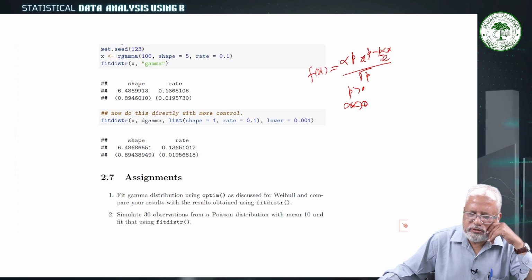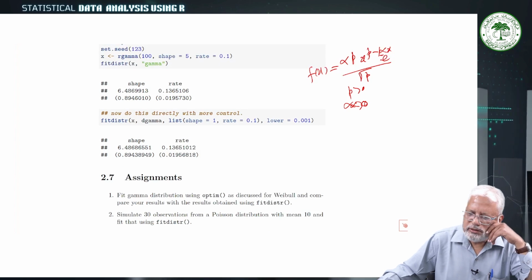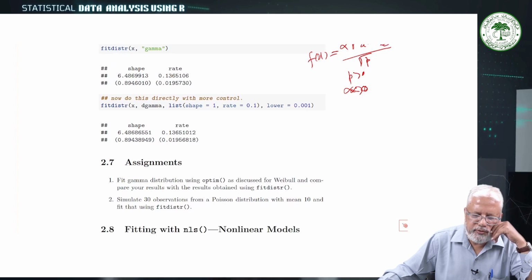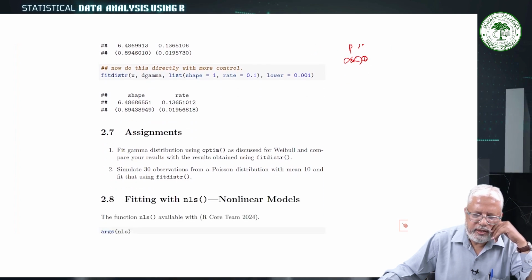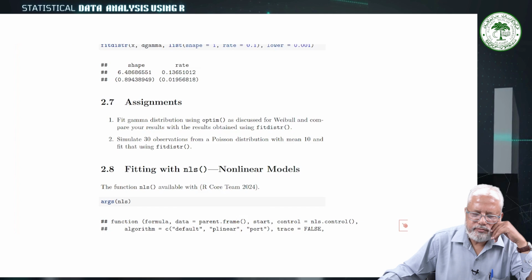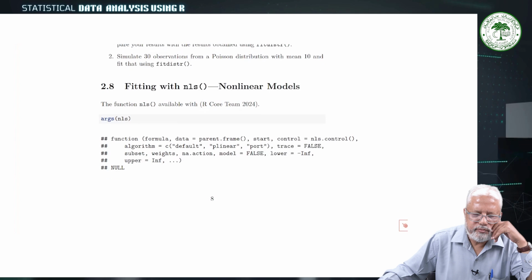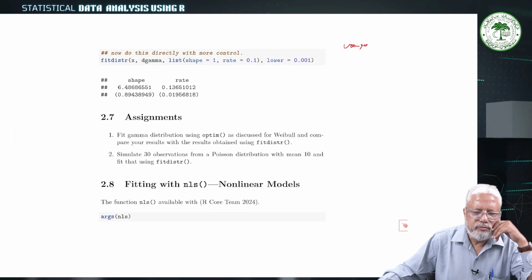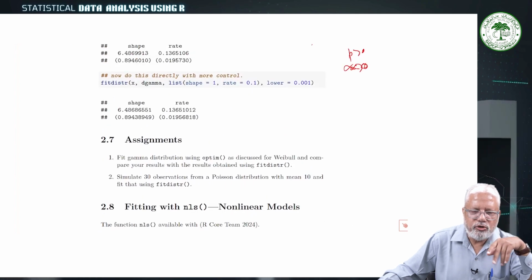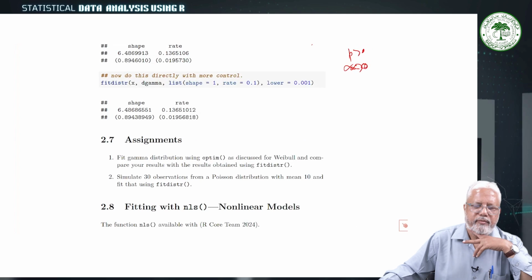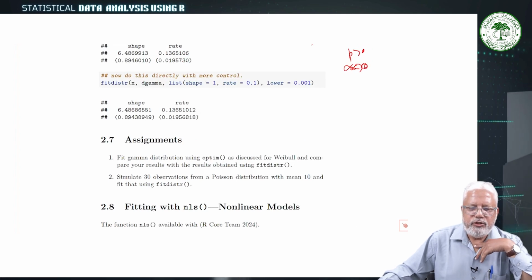Simulate 30 observations from Poisson distribution with mean 10 and fit using fitdistr. Actually, I will continue with the same video in my next talk.